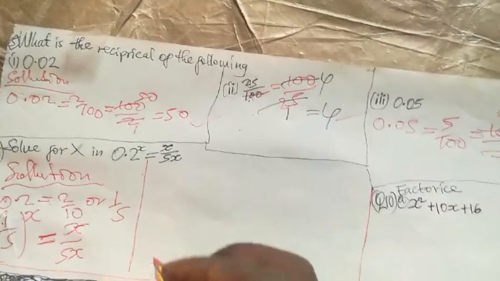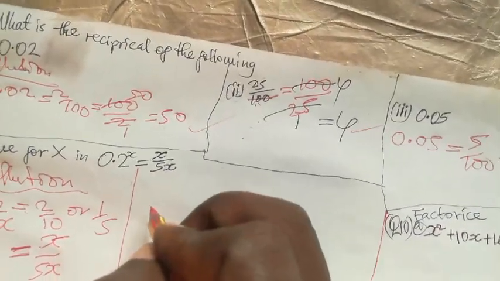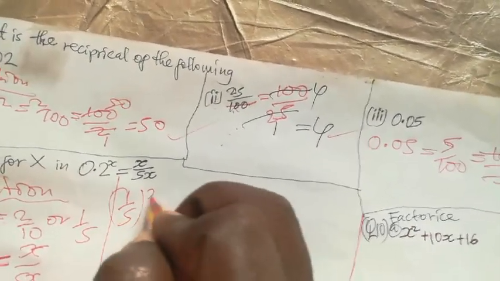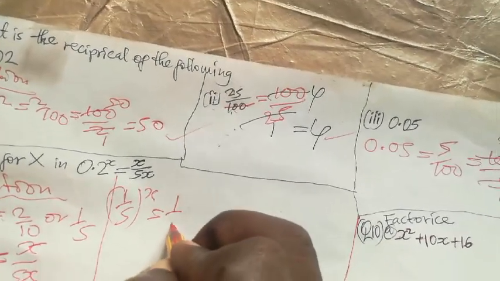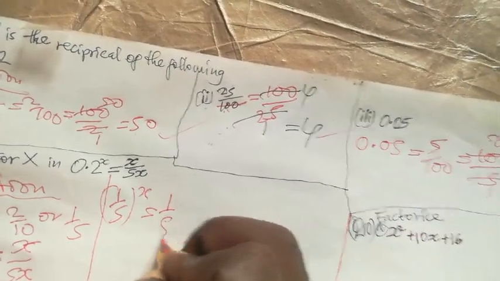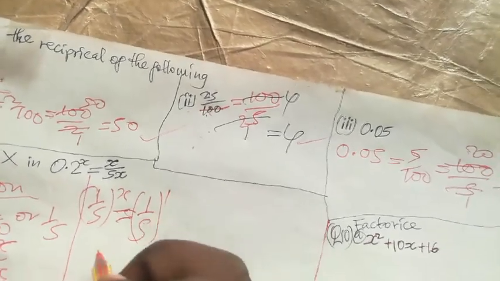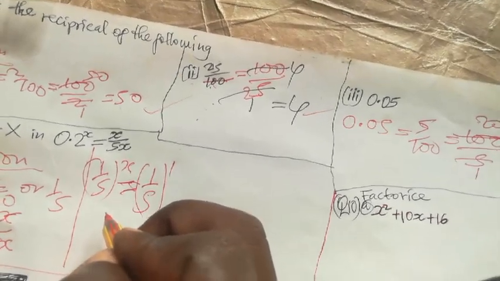For this sum, we say that 1 over 5 power x is the same as 1 over 5 power 1.